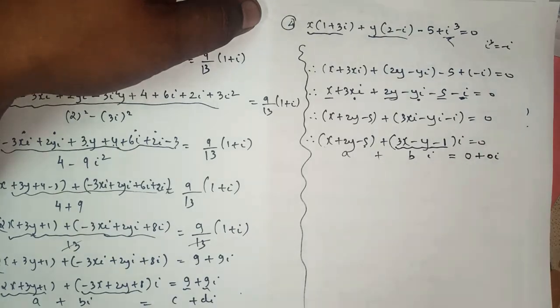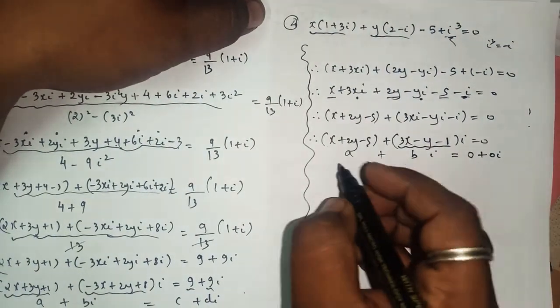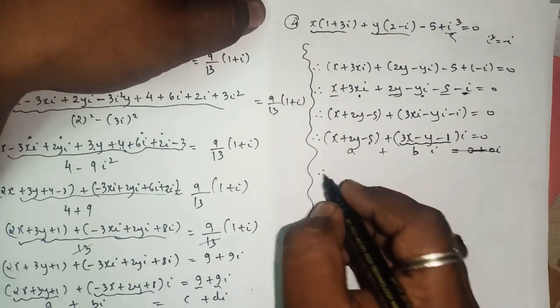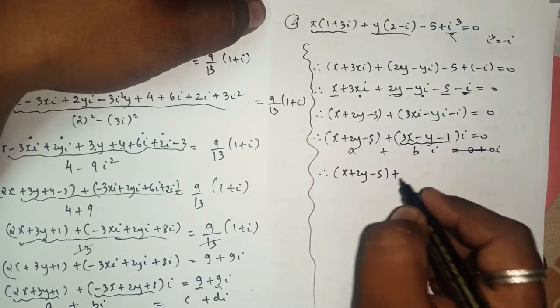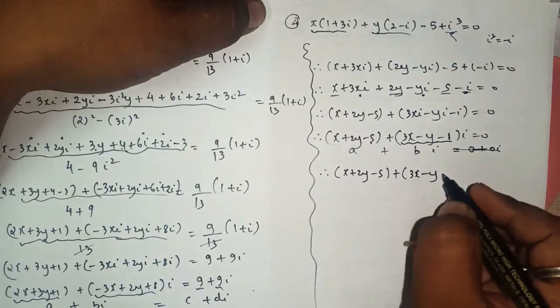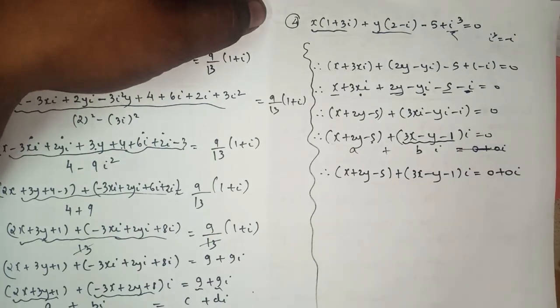So if the terms are absent, in place of that term the coefficient will be 0, yes or no. Therefore in the next step we can write this as x plus 2y minus 5 plus 3x minus y minus 1 i equals to 0 plus 0i, yes or no.